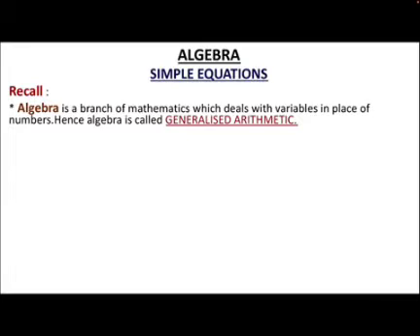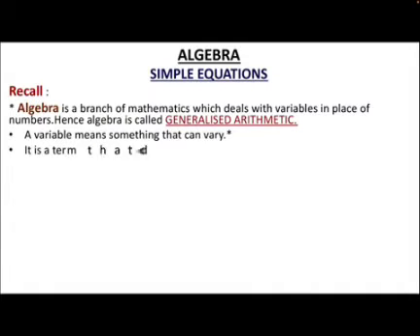For example, if you take the number 5, 5 has a fixed value, that is 5. It cannot vary. So numbers are called constants. A variable means something that can vary. That means something that can change. It is a term that does not have a fixed value.